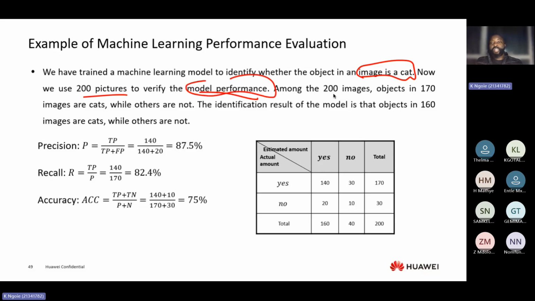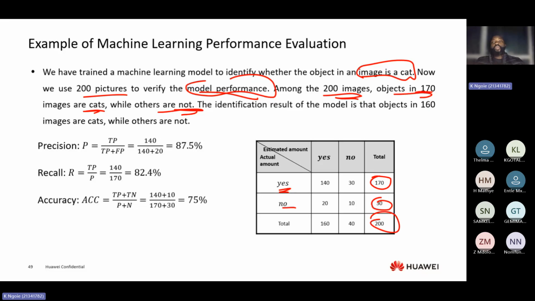Among the 200 images that we use, we have 170 images that are cats, and the others, which is 30, are not cats. So that's the reality: we have 170 cats and 30 non-cats, which gives us 200 pictures.